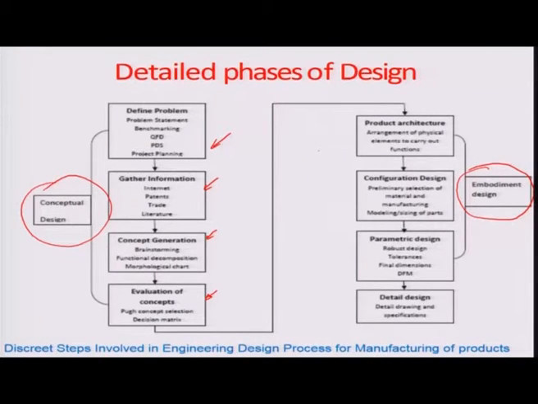This would necessitate a stage of defining the architecture of the product, which talks about the arrangement of physical elements to carry out different functionalities put together in a single place, or even the configuration aspect of the design, where there may be the question of functionality-based mapping by putting things in space and how the product would interact with its environment.